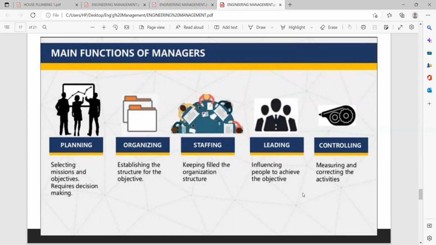For organizing, establishing the structure of the objective. Staffing, keeping filled the organization's structure. So every department or every office needs manpower. So sufficient manpower, hindi pwedeng sobra. Syempre, kung sobra ang tao natin, magastos.